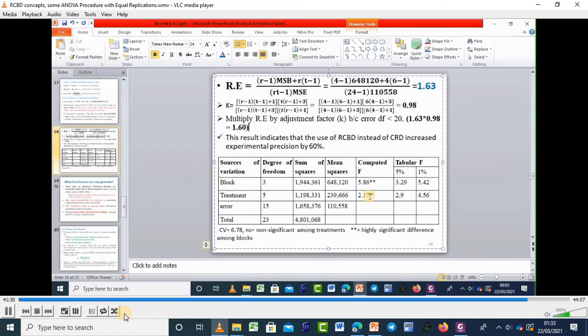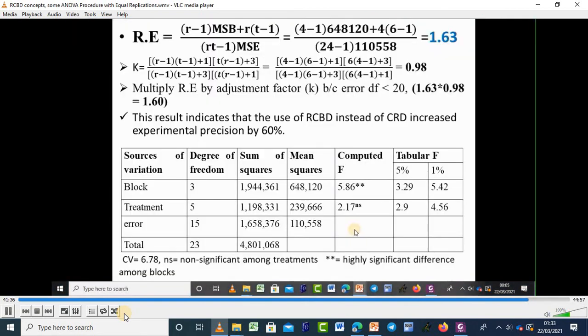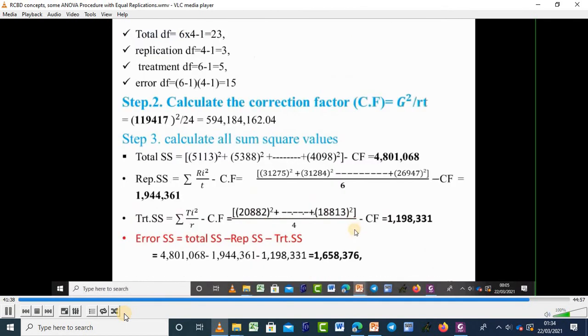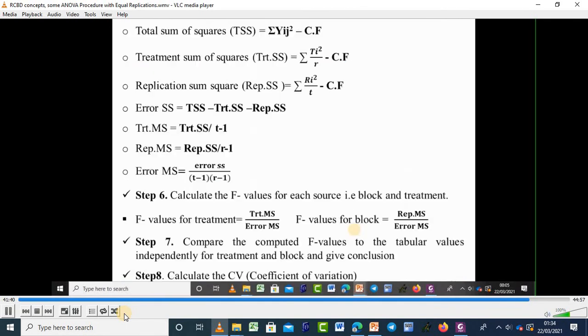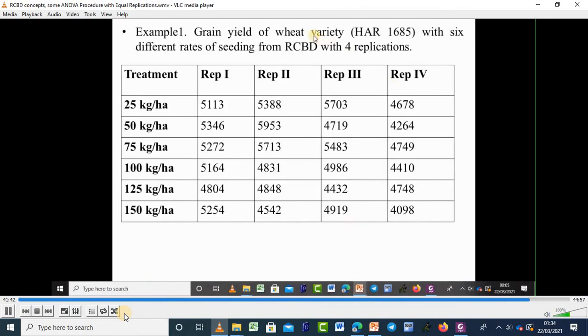The treatments were, we can see here, 6 HR varieties, and there was no significant difference in grain yield of the 6 varieties.